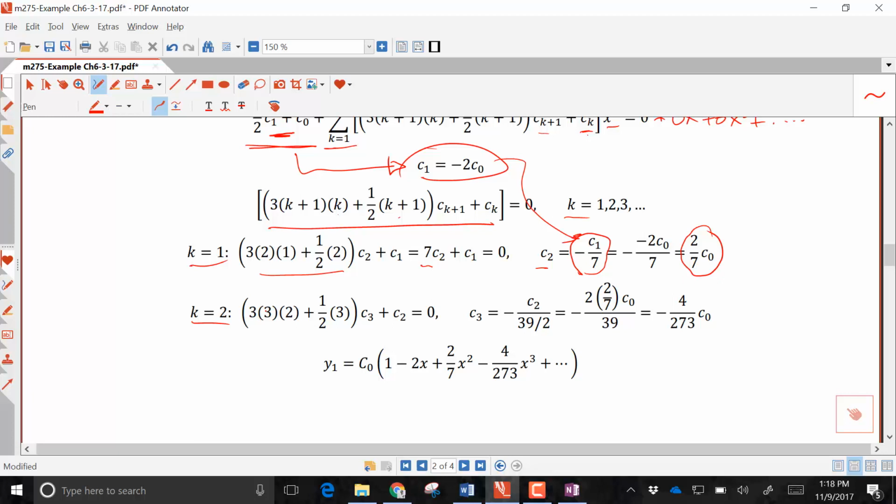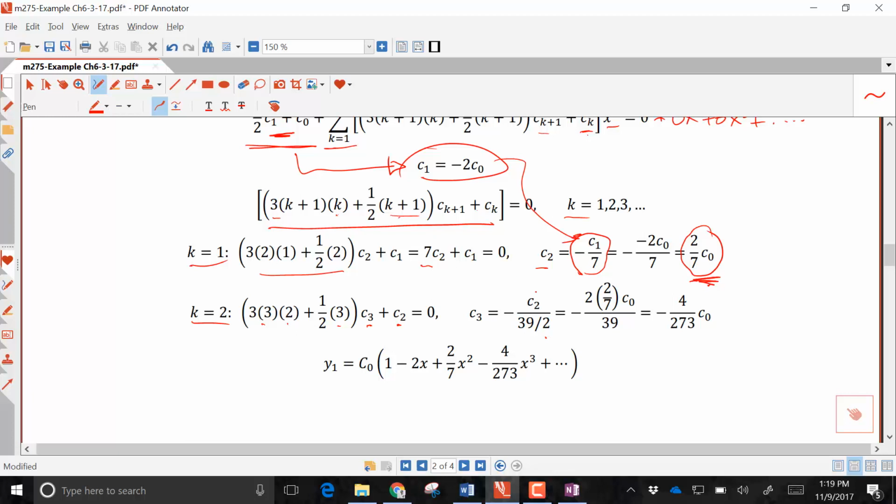And then we put 2 in there. We're going to get 3 times 2 plus 1 times 2 plus 1 half, 2 plus 1, c sub 2 plus 1, plus, and then we have c sub 2 here. Set that equal to 0. We're going to get c sub 3 is equal to something with a c sub 2, but we know what c sub 2 is.